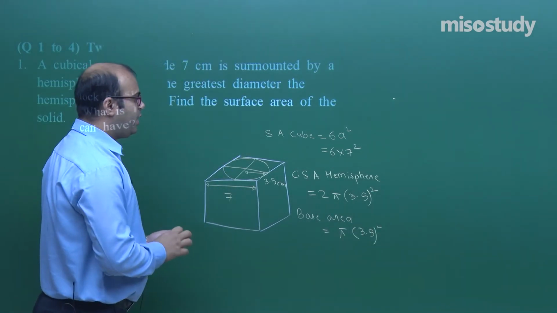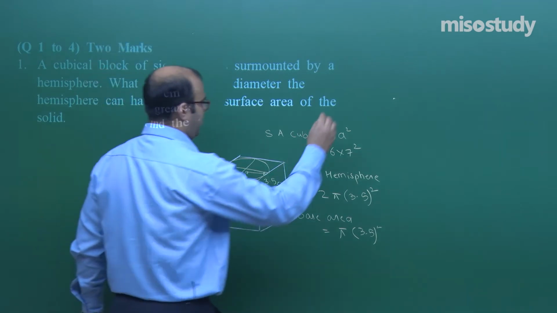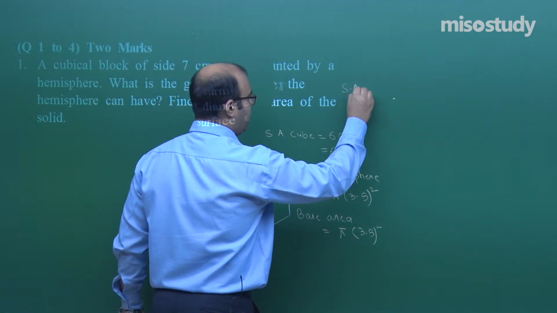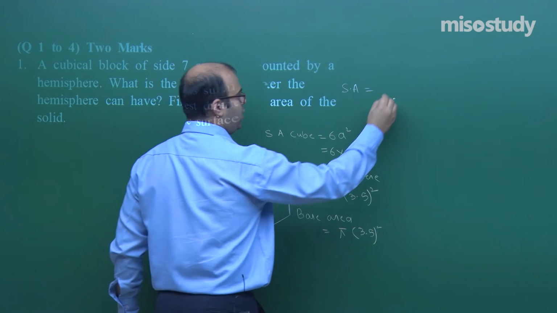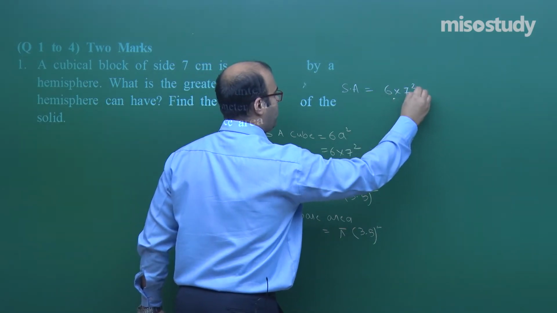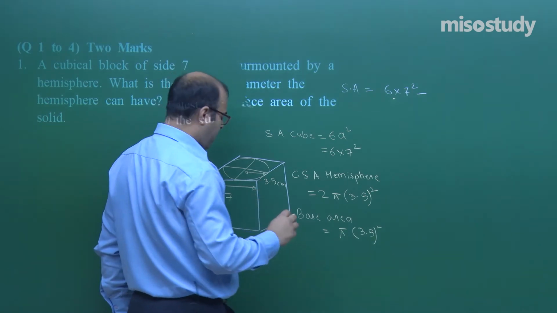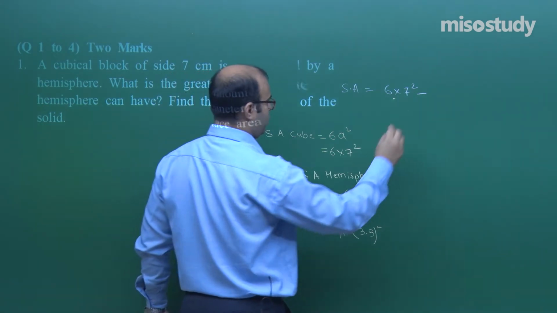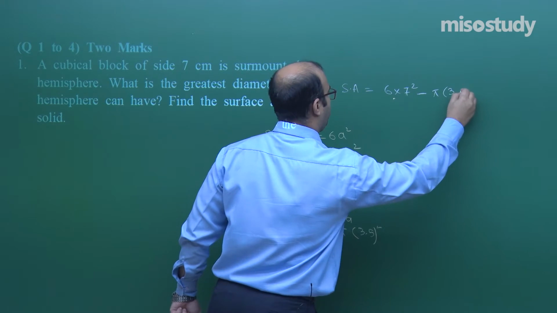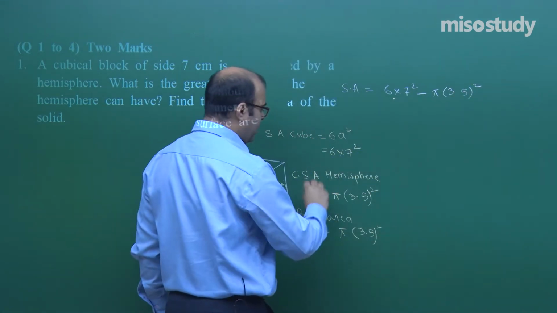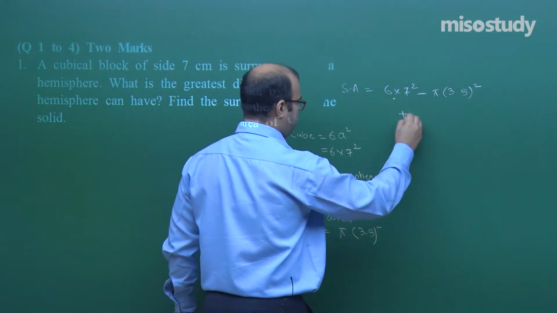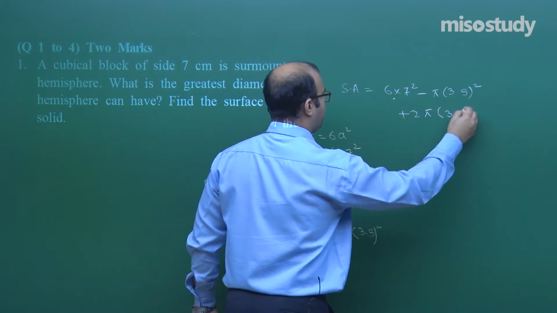So the required surface area should be the surface area of the cube, 6 into 7 square, minus the base area of the hemisphere which is occupied by this hemisphere, that is pi into 3.5 square, and then we add the curved surface area of the hemisphere, plus 2 pi into 3.5 square.